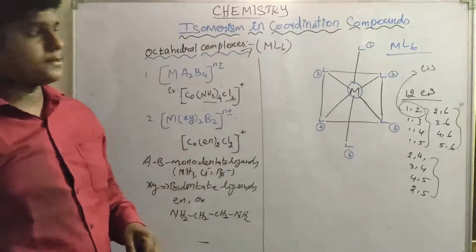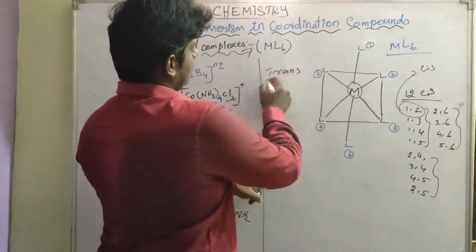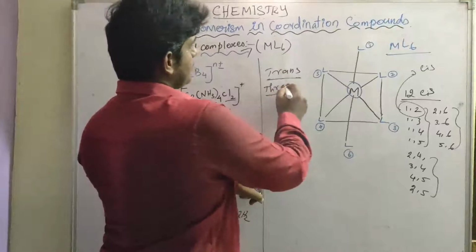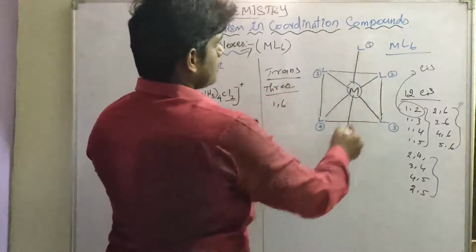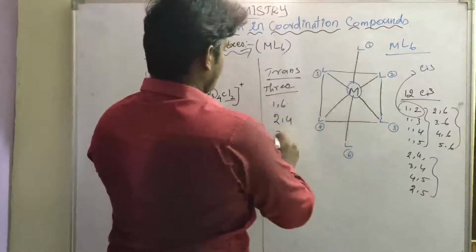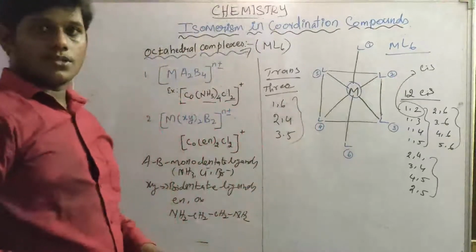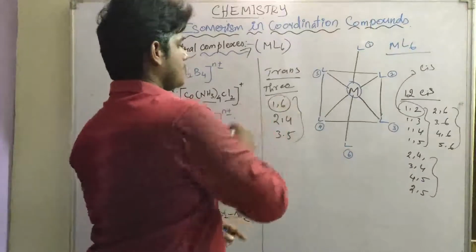Three types of trans position are present. That means 1-6, 2-4, and also 3-5. Don't get confused, you take only 1-6, which we have fixed.